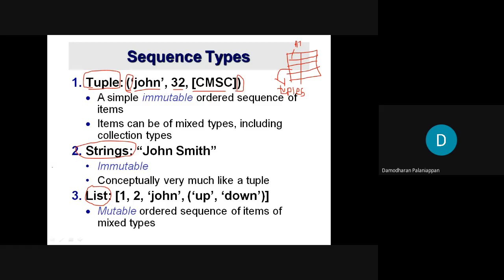We can see the string. The string can be represented in three ways. One is single quotes, for a single word. For more than one word, we can use double quotes. If you want to give more than one line, we can give the specification as triple quotes. You can see the examples one by one here.